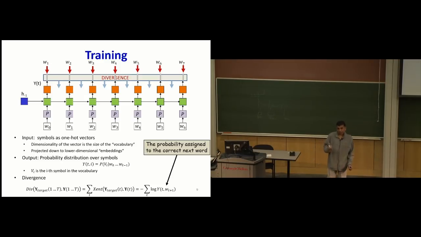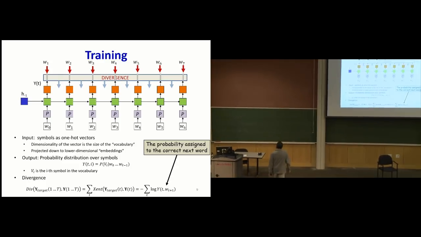In your ideal world, the probability of the word "score" after seeing the word "four" must be 1, and the probability of everything else must be 0. So your target output is going to be a bunch of zeros, and at the word "score" you want this to be a 1, and everything else must be a 0. That is the desired target output.